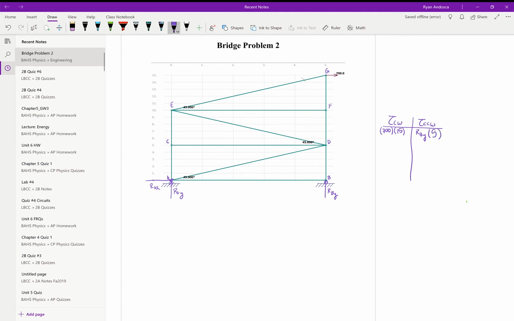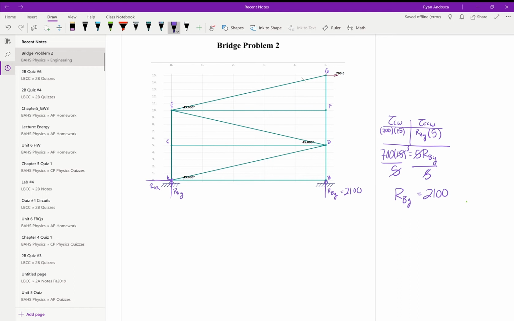Okay, and these two things must be equal to each other, so that means that 700 times 15 is equal to 5 RBY. Divide both sides by 5. The 15 and the 5 cancel, leaves 3, and you get that RBY is 2100. So we'll put that there.